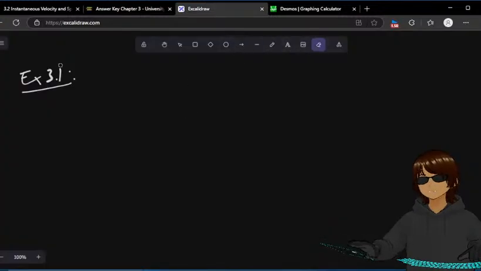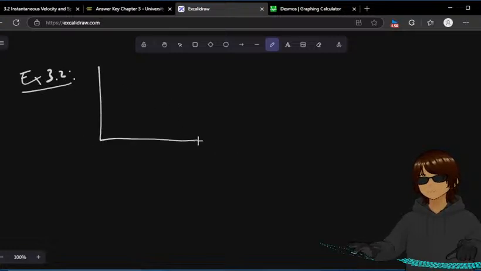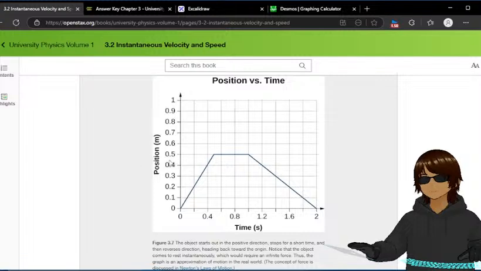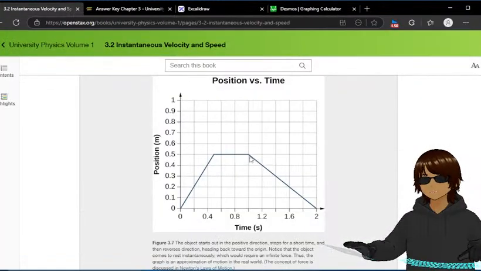We graph exactly 1 meter per second, and then 0 meters per second after 0.5.